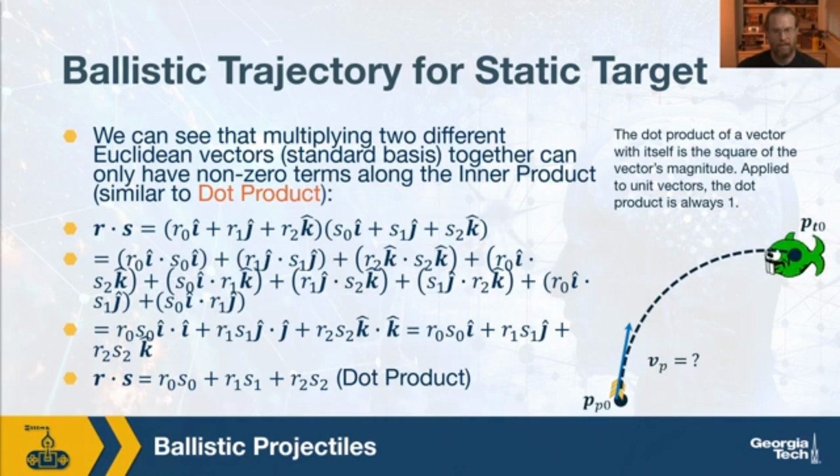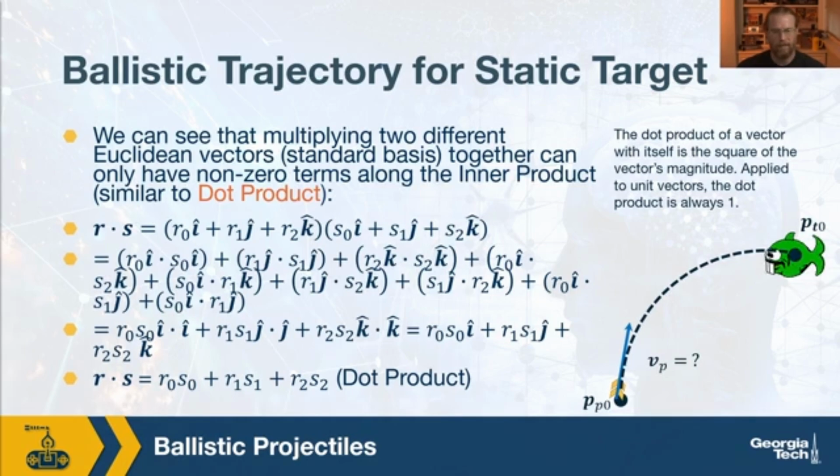It's a standard basis, so we'd have a 1 in the x position, and then a 0 for the y, and a 0 for the z. So say for vector r, we'd have r sub 0 would be the x term times i plus r sub 1 times j, and r sub 2 times k. So that's the unit vector representation of the vector r.